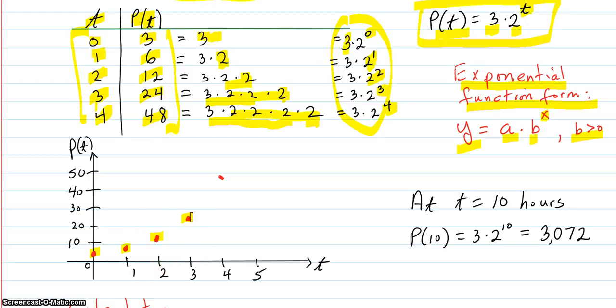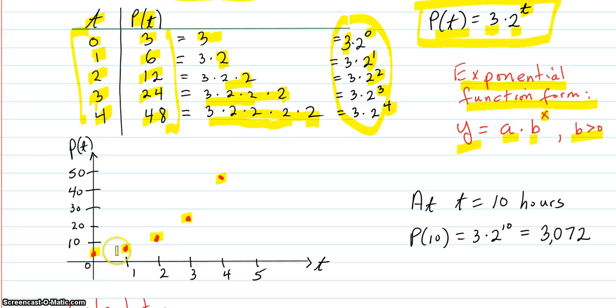That's 24 right there. And 4 goes to 48 up there. And then we continue on going up. See that the function is exploding. Exponential functions explode going up here when the base is greater than 1.